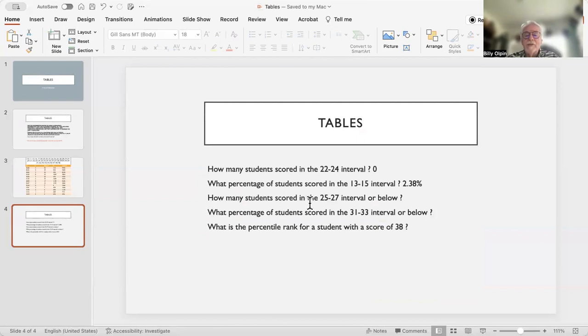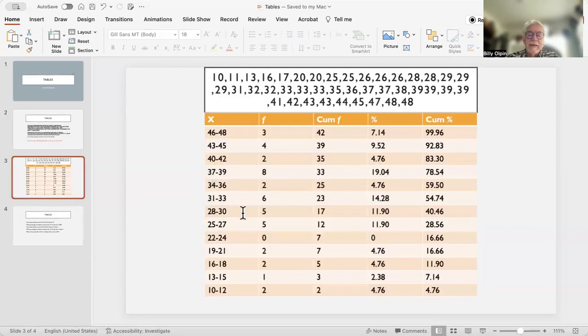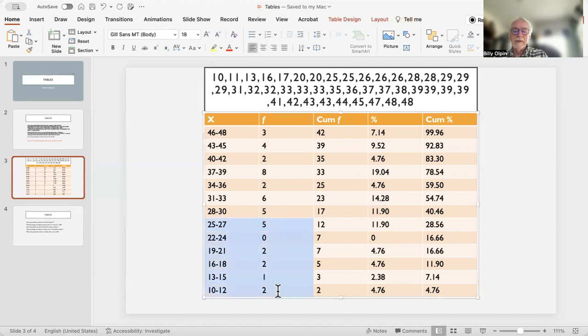Now, how many students scored in the 25 to 27 interval or below? And this is the key, or below. So what that means is the 25 to 27 interval, right? Or below. So all of this. So where is the best place to find that answer?